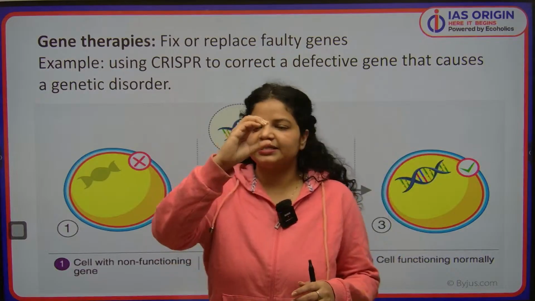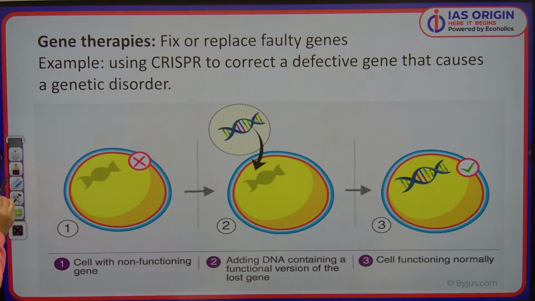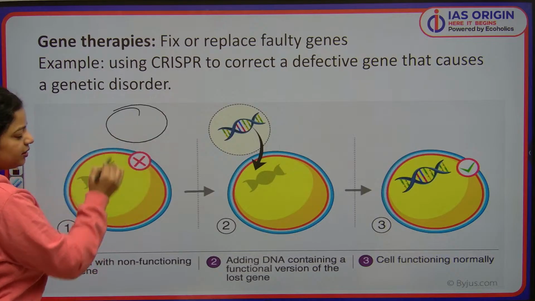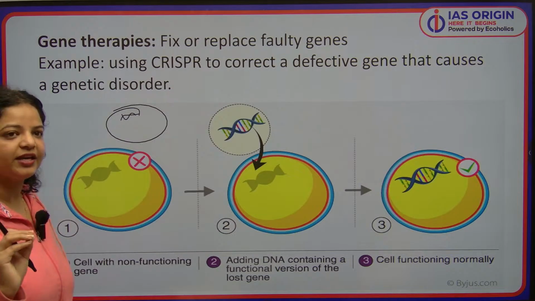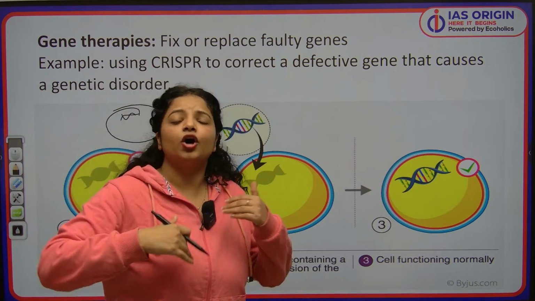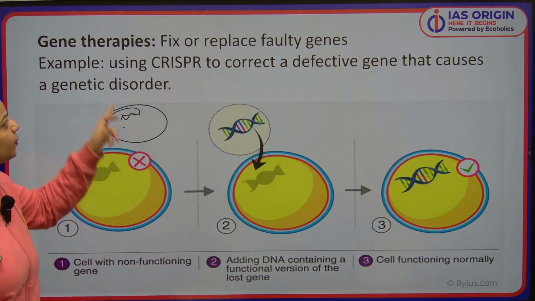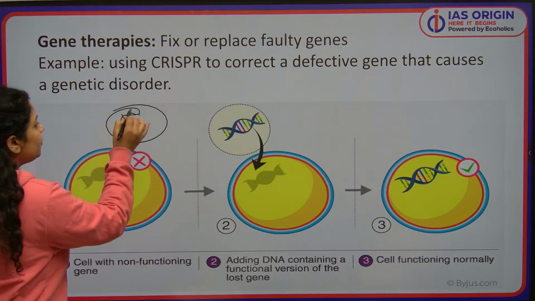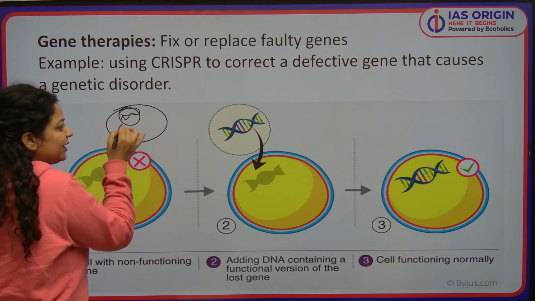Let us understand this in simple language. This is my cell. In this cell there is a concept which is very important for the normal functioning of my body, but this particular gene is not working well. Now with gene therapy, I will target this area.